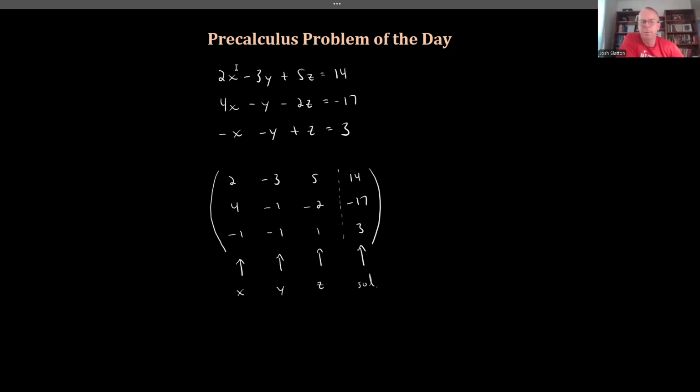Any little arithmetic mistake causes the whole thing to be wrong, especially if you make a mistake early, then they're all going to be wrong. In this case, we have a solution with three numbers. We're going to have an ordered triple. So if you make any mistake anywhere, at least either the x or the y or the z is going to be wrong. The earlier you do it, the more likely all three of them will be wrong.